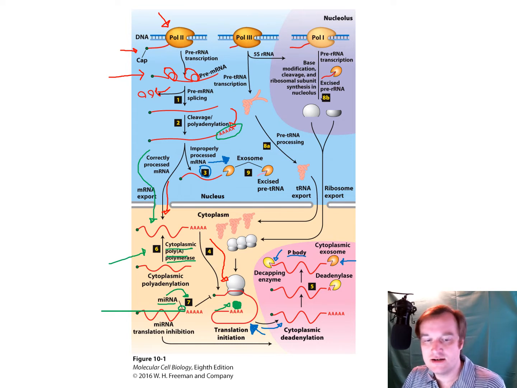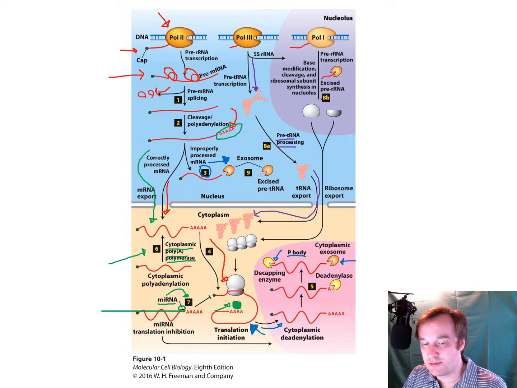So lastly here, we're mostly talking about the regulation of protein coding genes, but they also included, just to make the slide even more busy for some reason, polymerase 3 and polymerase 1. So polymerase 3 here, remember that makes tRNAs, so it transcribes in the nucleus. The pre-tRNA is processed and then exported.